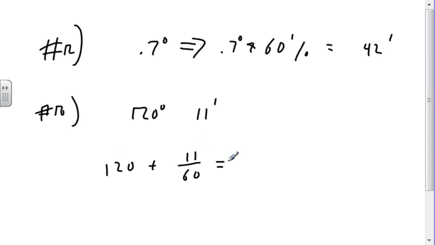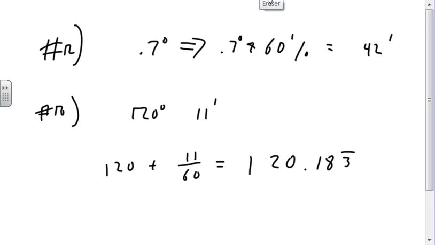And I'd probably just do that in my head because it's so simple. I can't turn on my calculator here, so I'd probably have it done if I did it in my head. 11 divided by 60. Yes, that's exactly what I thought it was. 120.183 repeating. And then I'd say, well, probably don't have that many significant digits. But I'd leave it that way anyway, just for the heck of it.